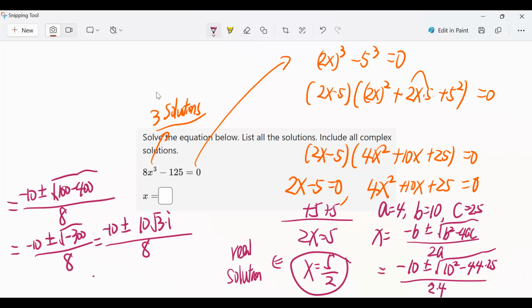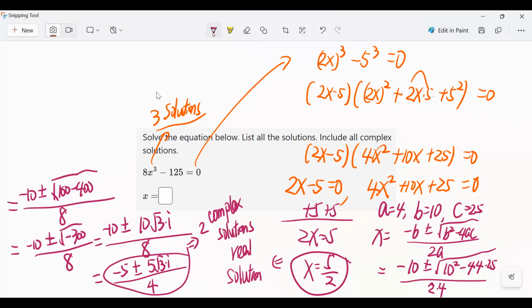And from there, simplify a little bit more, reduce every number by 2. Minus 5 plus or minus 5 radical 3i over 4. So those two are the complex solutions. You combine them, the total is 3 solutions: 1 real and a couple of complex solutions.